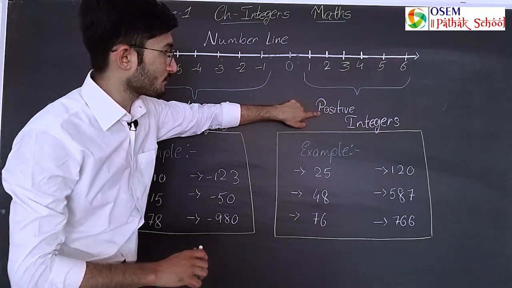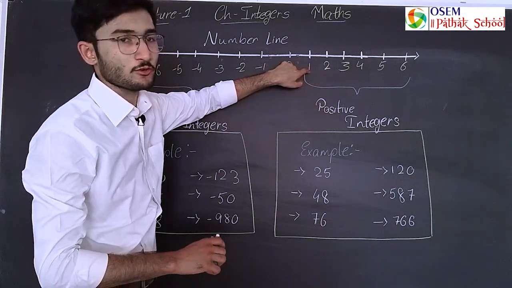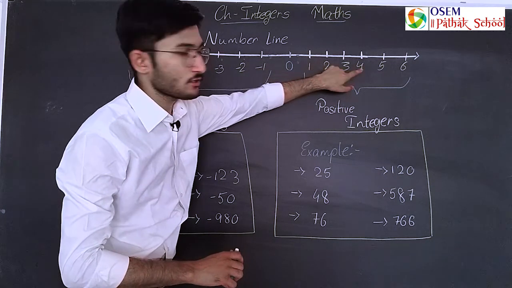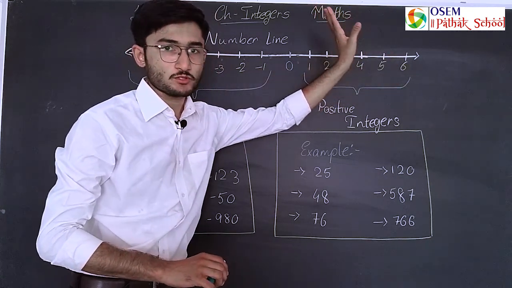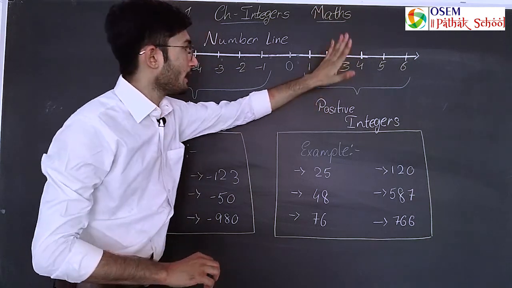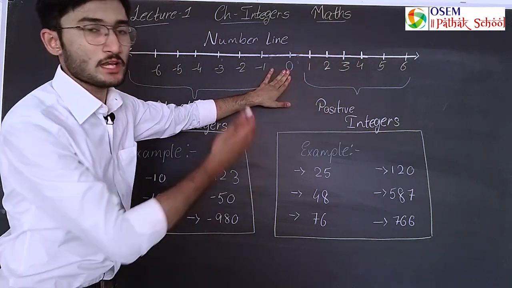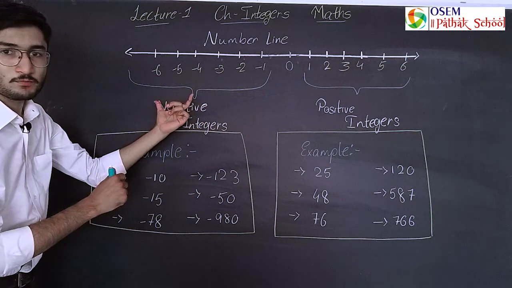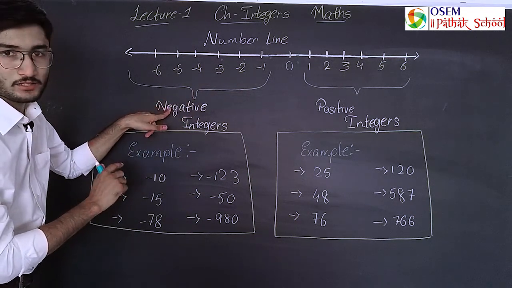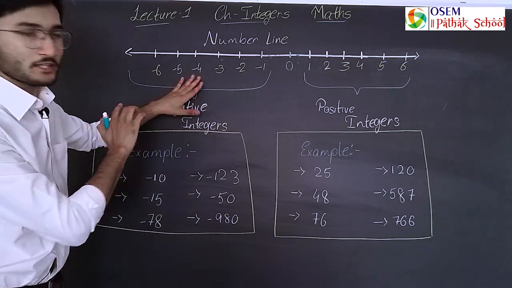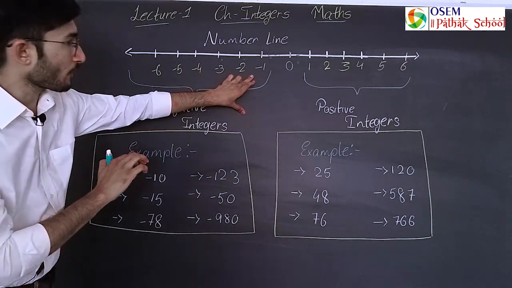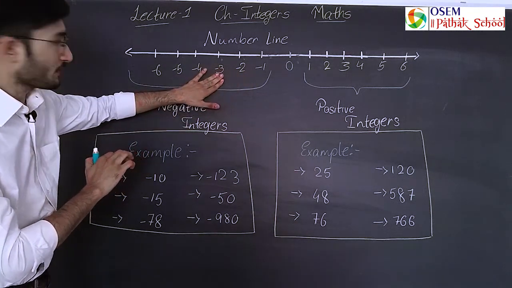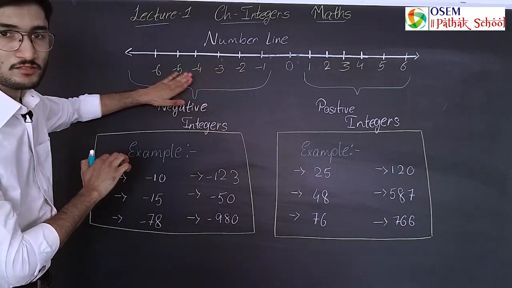These are all the natural numbers starting from 1, 2, 3, 4, 5 and so on, and we can take it to infinity wherever we want to go. And the numbers which lie on the left side of the 0 are the negative integers. See here, it does not include the natural numbers. The numbers included in it are -1, -2, -3, -4, -5 and so on.